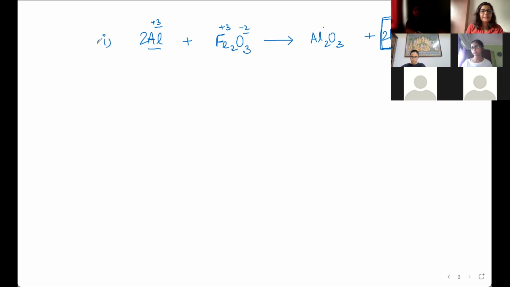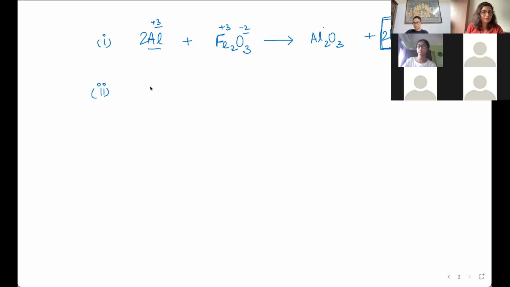So on a similar thing, I'll give you guys a couple of reactions. First, figure out if that reaction will happen or not. If the reaction is not happening, you can just say no reaction or something like that. If the reaction is happening, send me the balanced equation. Okay.